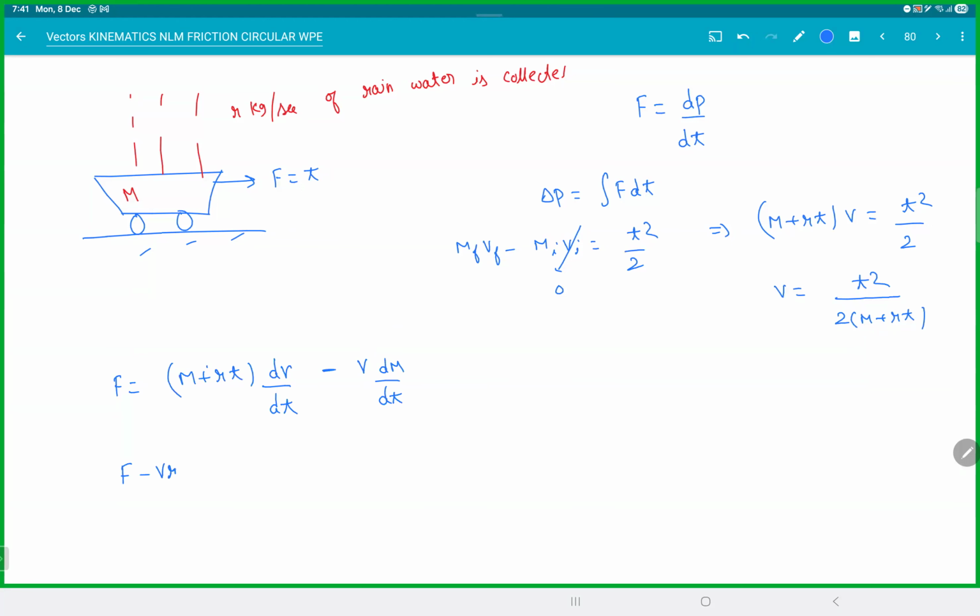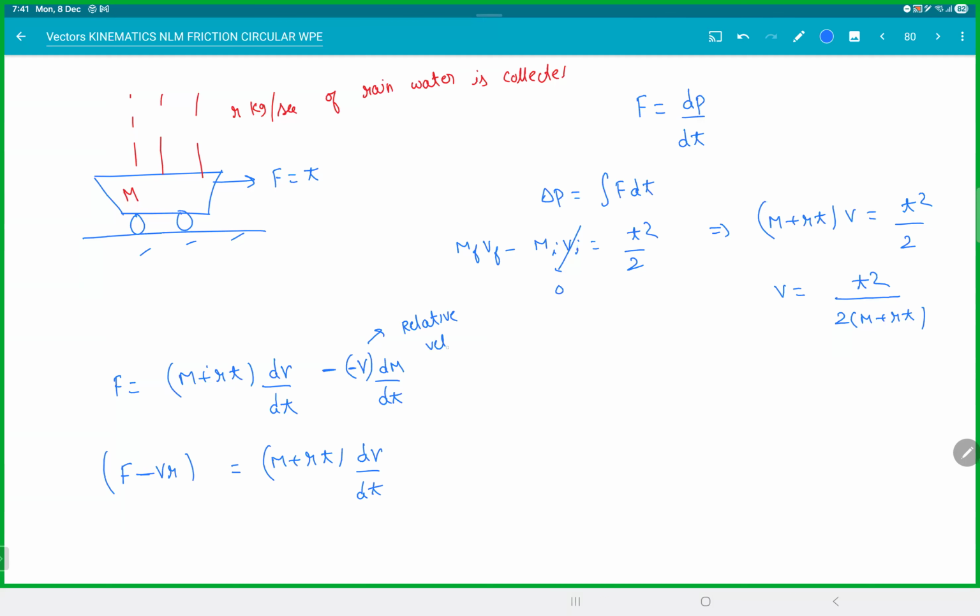This will be F minus Vr equals (M plus rt) dv by dt. This is the relative velocity of rain with respect to trolley.